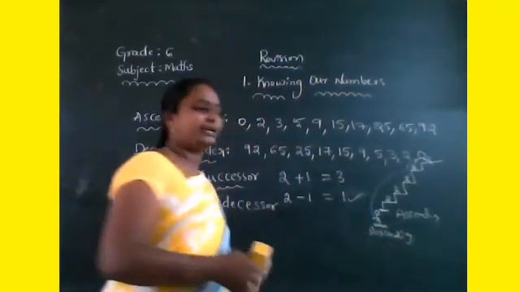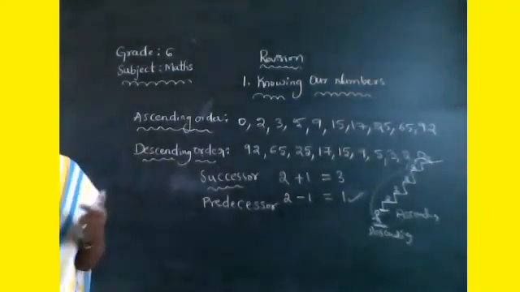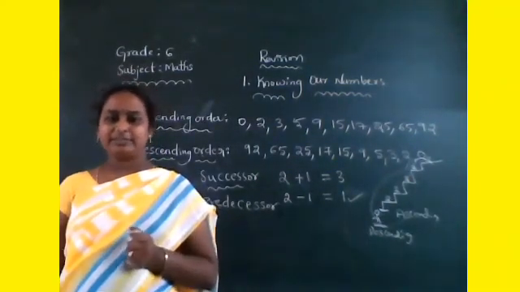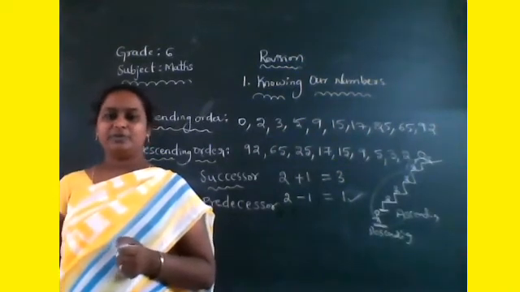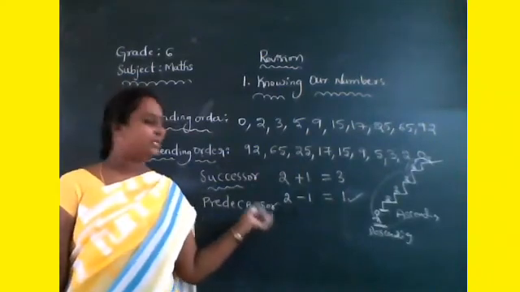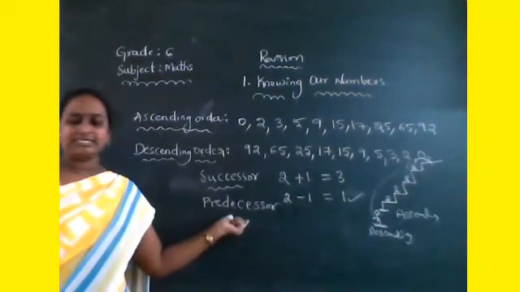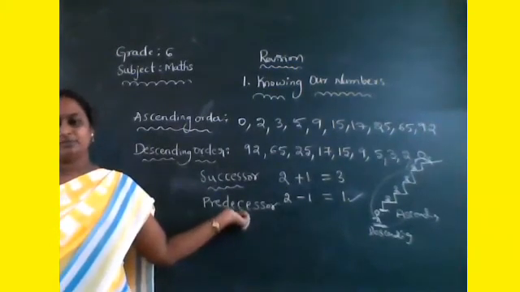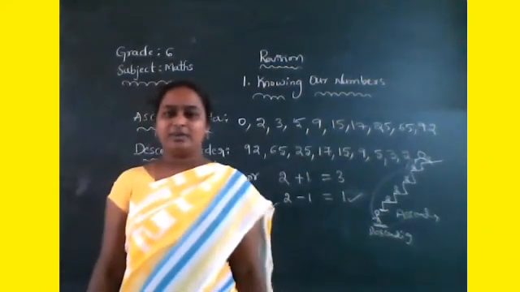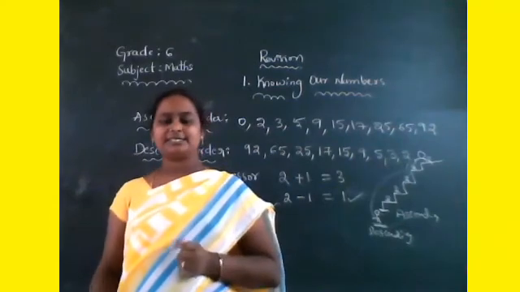And next we have learned how, using digits, many numbers can be made. That one also we have learned. Okay children? And not only that, successor and predecessor. Successor means add 1 to the given number. Predecessor means subtract 1. Okay, right children? So in this revision class, we have learned all these topics. So we have to practice carefully.